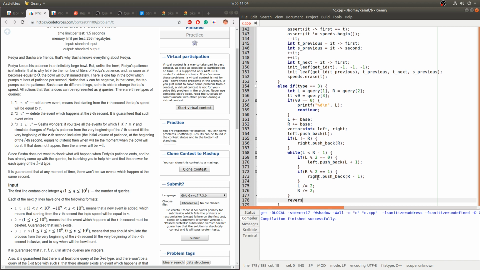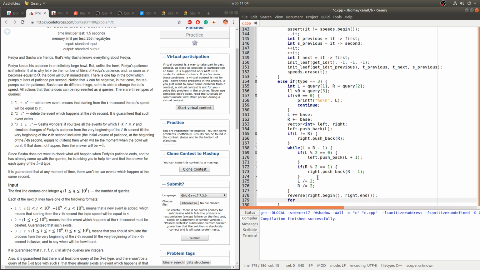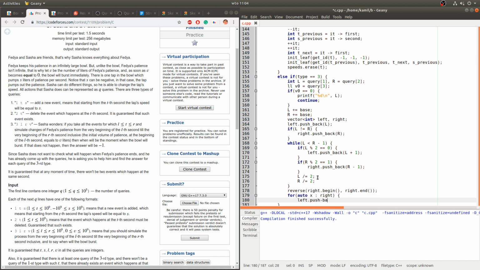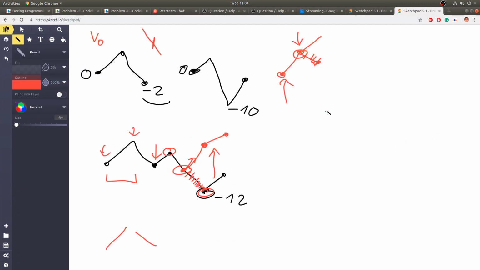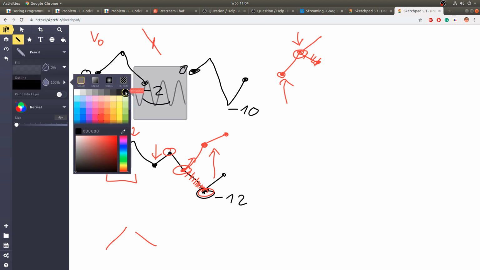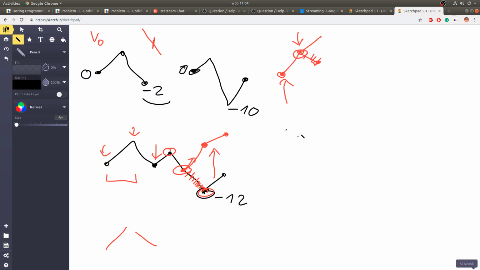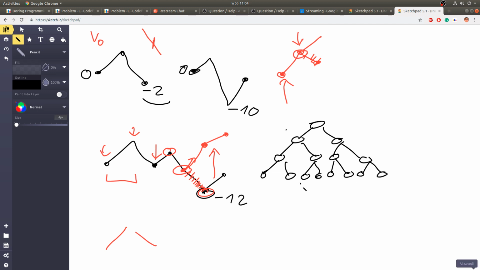Now reverse right, and for everything in right, push back to left. So now, after this kind of standard thing, in a segment tree, do we have a drawing for segment tree? Let's make a bigger one. In a segment tree, what we have is, given some segment, I gathered vertices, like the left path was everything that was on the left, starting from this guy.